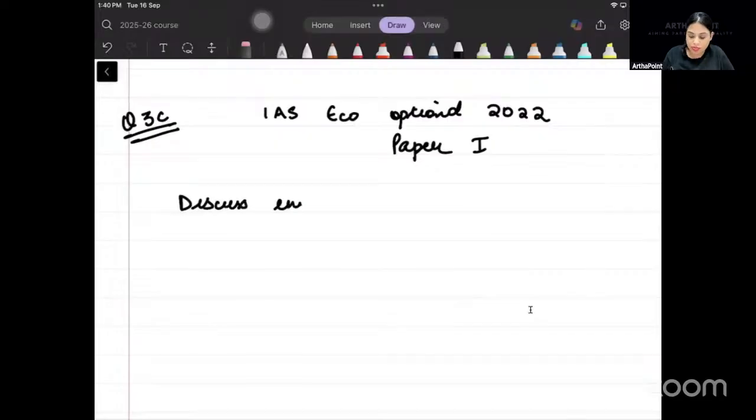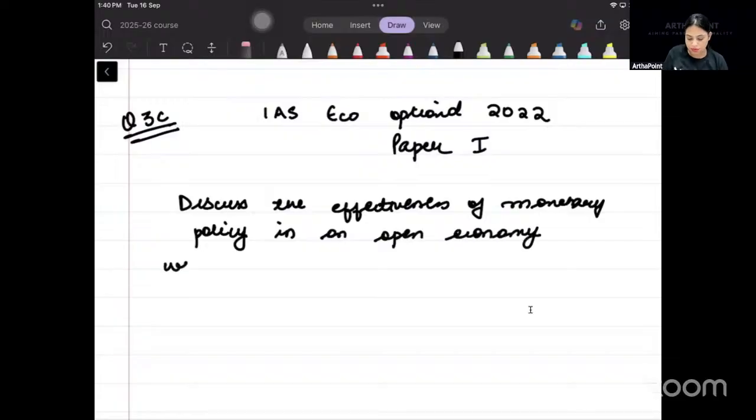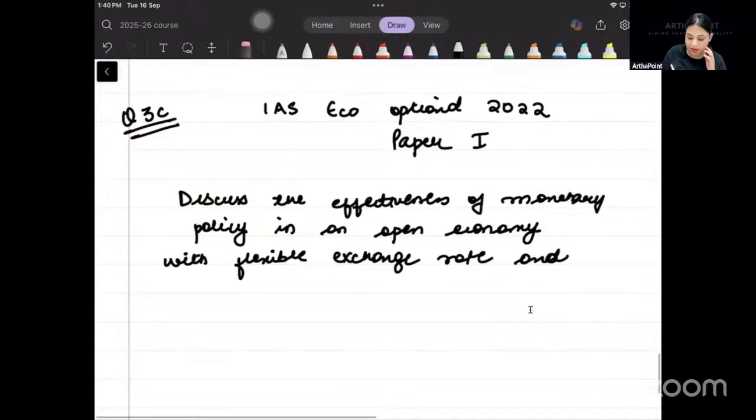Discuss the effectiveness of monetary policy in an open economy with flexible exchange rate and perfect capital mobility.